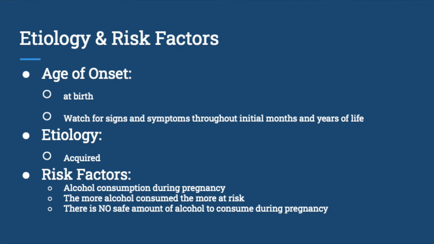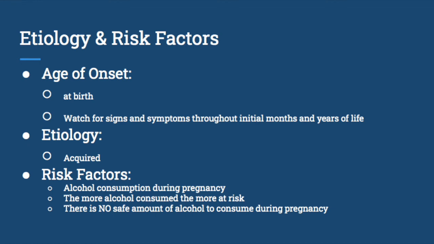Alcohol use during pregnancy is the leading preventable cause of birth defects, developmental disabilities, and learning disabilities. 1 in 100 babies have fetal alcohol syndrome, which is nearly the same rate as autism. The age of onset is at birth, but signs and symptoms may be found throughout the initial months and years of life.